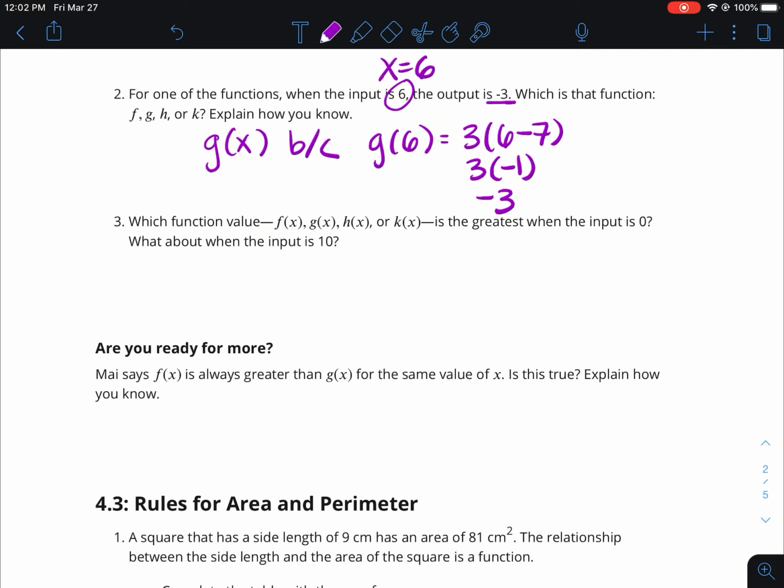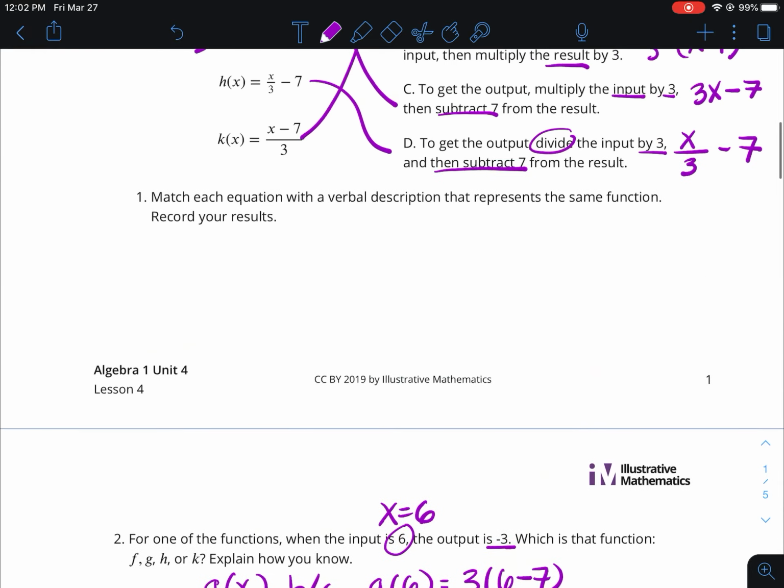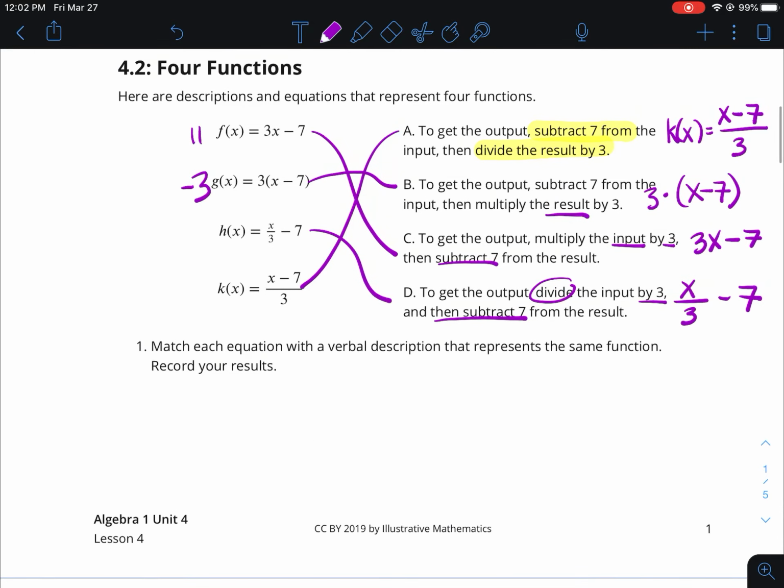So which function is greatest when the input is 0? So inputs, I'm talking about x equals 0. So let's test it out. So here, if x equals 0, I'll do these in orange. 0 minus 7 is -7. Here, if I do 0 minus 7, -7 times 3, -21. 0 minus 7 is -7.